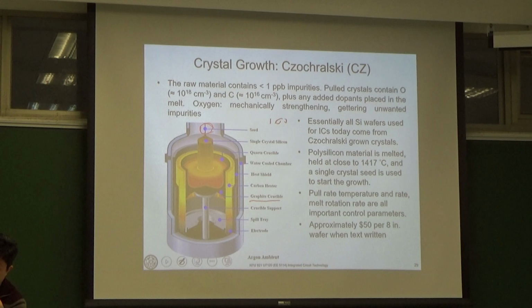We dip it into this melted silicon, and then we begin to pull this seed upward. We can control the speed, because if you want the diameter smaller, you can pull faster. If you want your diameter larger, you can pull slower, and once you reach the diameter you want, you keep a constant pulling rate. Then you will pull a whole ingot.